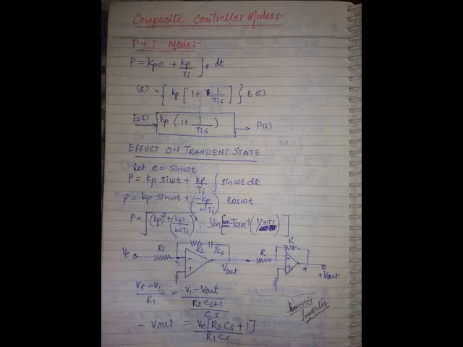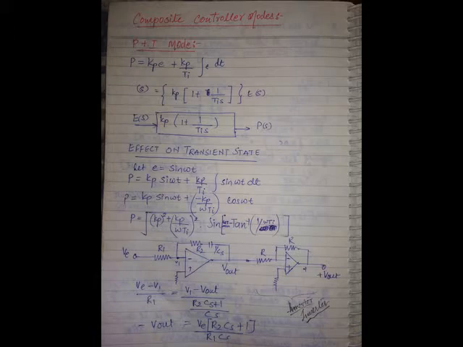So if you apply Laplace transform to this, it is Kp into 1 plus 1 by Tis into E of s. So the transfer function of a P plus I controller is of the form of Kp into 1 plus 1 by Tis. Output is P of s, input is E of s.